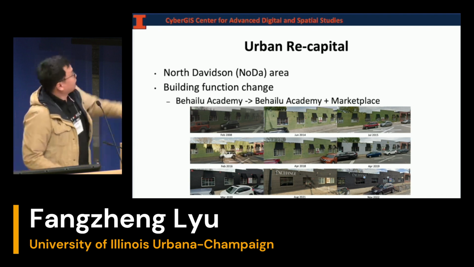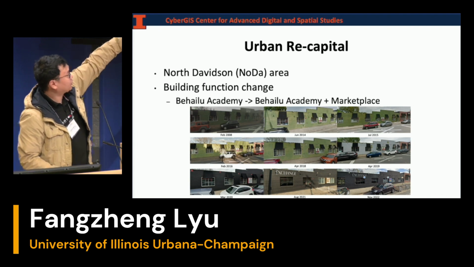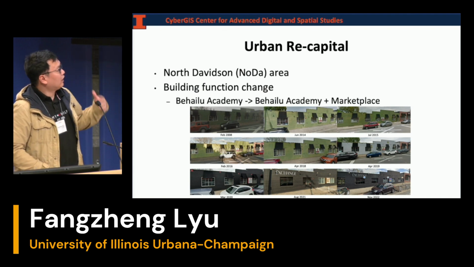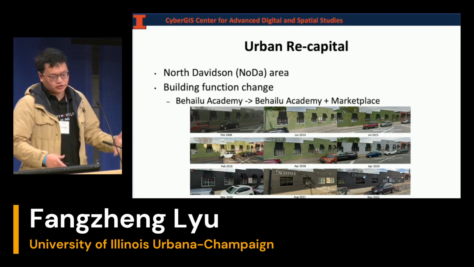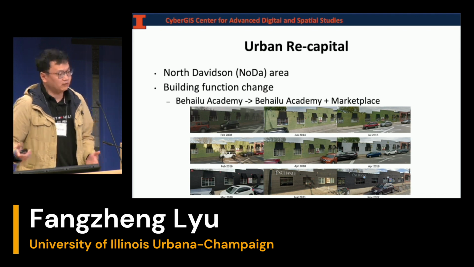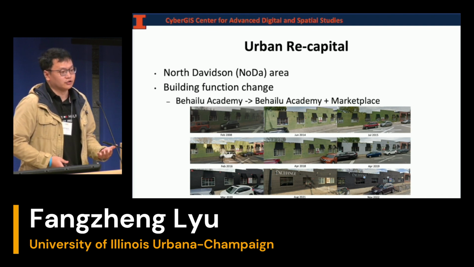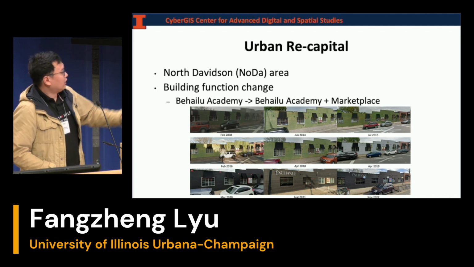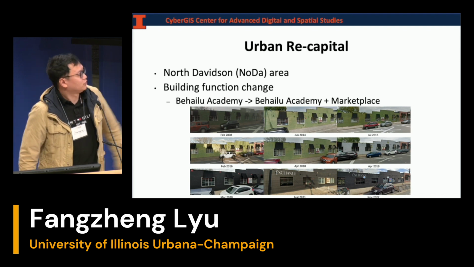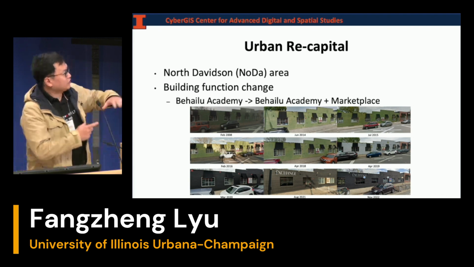You might not be able to see very clearly, but from February 2008 all the way to March 2020, this building served as a school, called Lyu Academy, for mostly educational purposes. But between March 2020 and August 2021, the functionality changes.